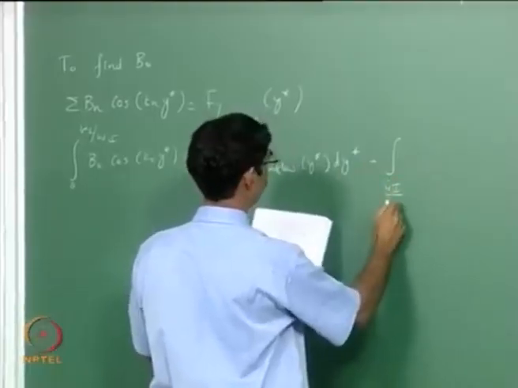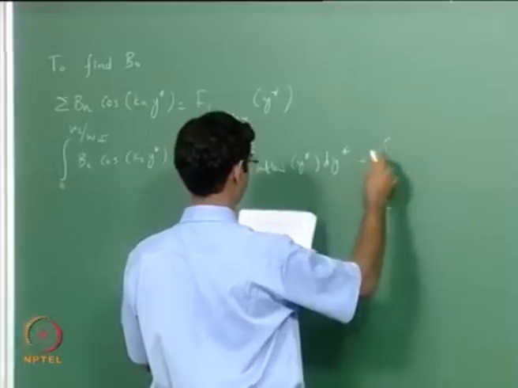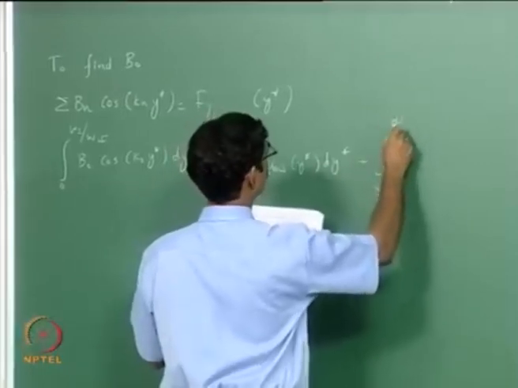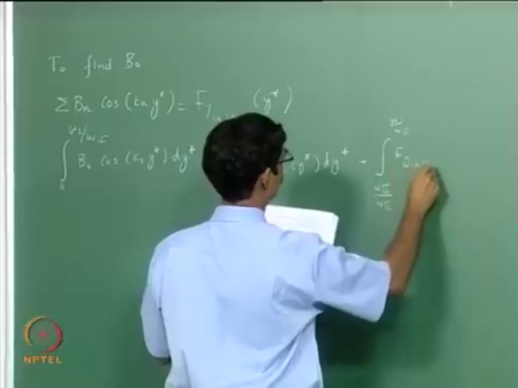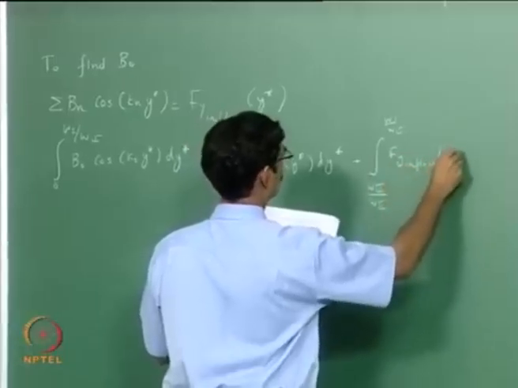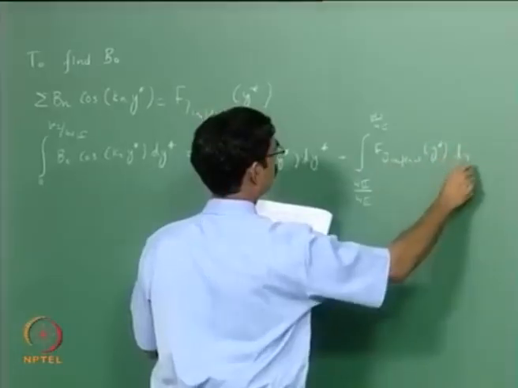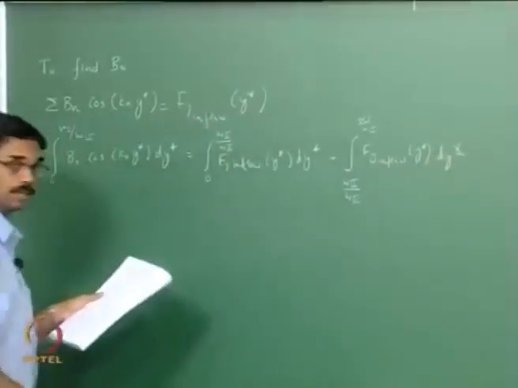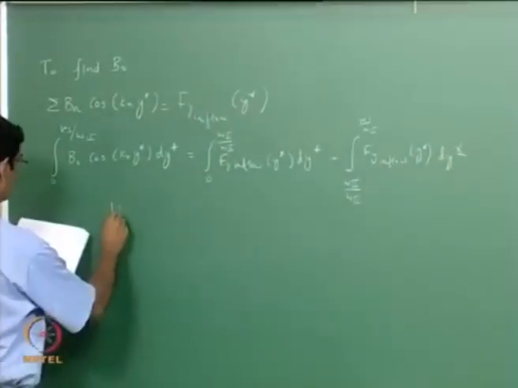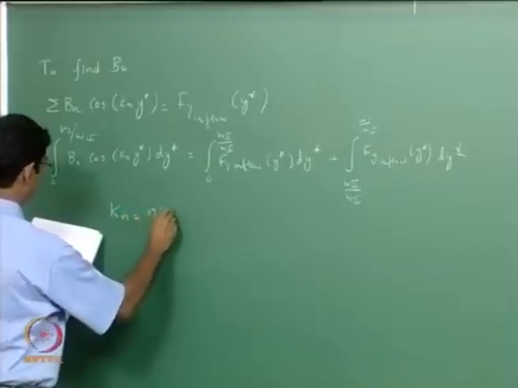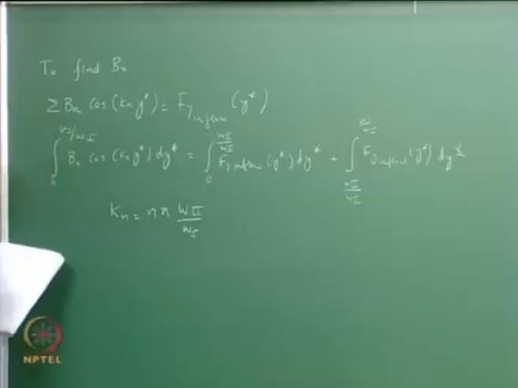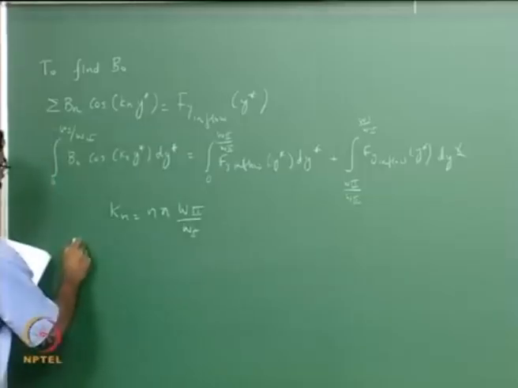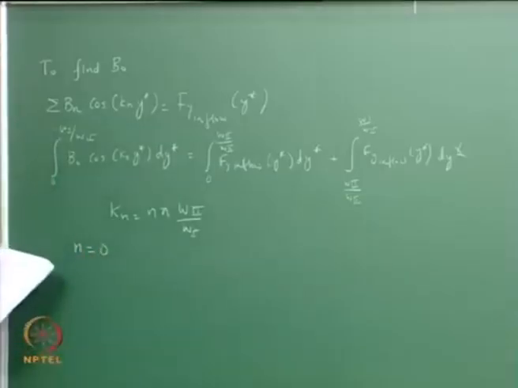This W2 by W2 is nothing but 1. So we know that kn equals n pi W2 by W1. So we use n equal to 0, that is what is of interest.